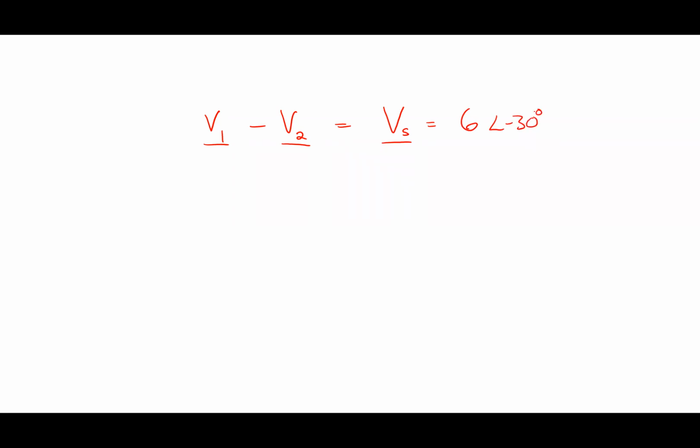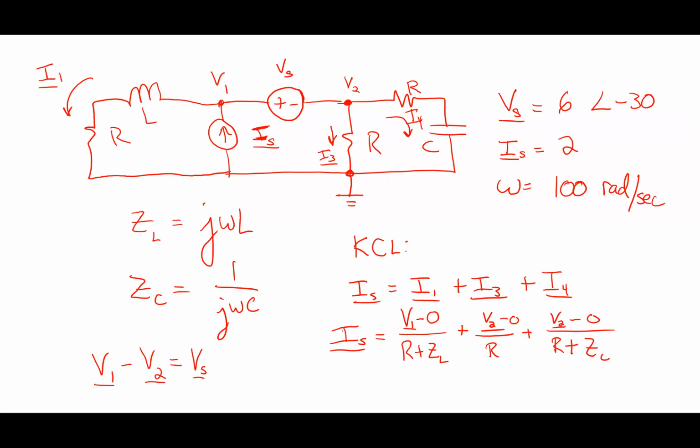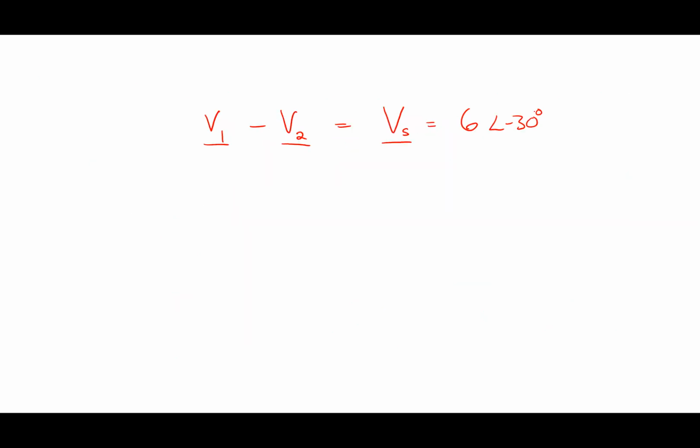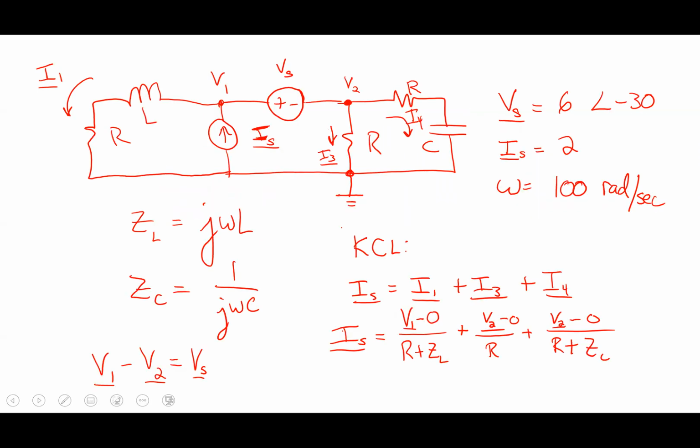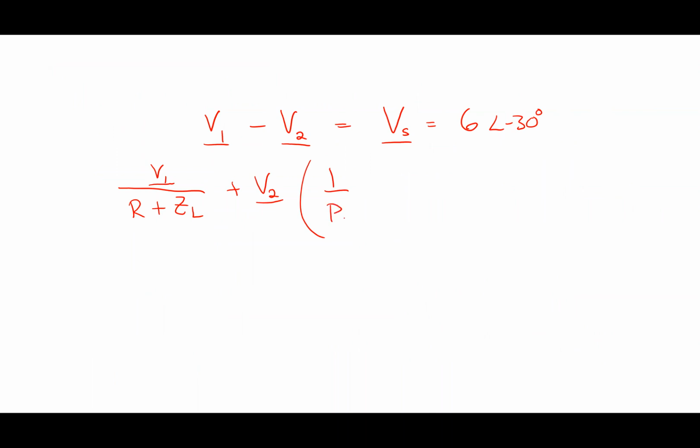The other equation is this ugly one. I'll write this from memory: V1 over R plus j omega L, or what I called ZL, and then a term with V2 multiplied by 1 over R plus 1 over R plus ZC. And that is equal to IS, which we said was 2 with an angle of 0.